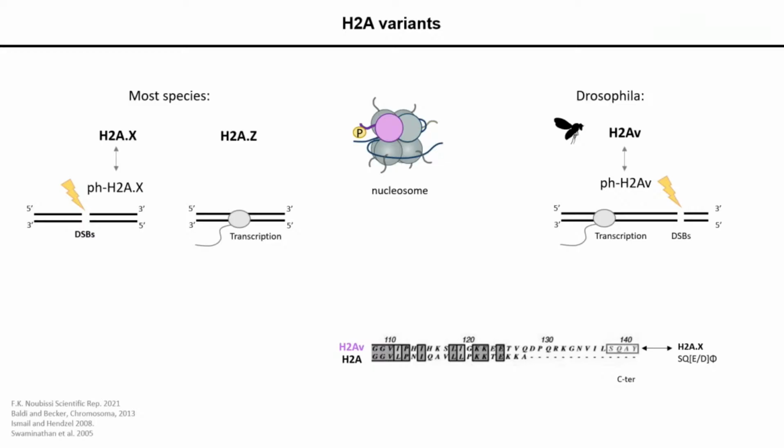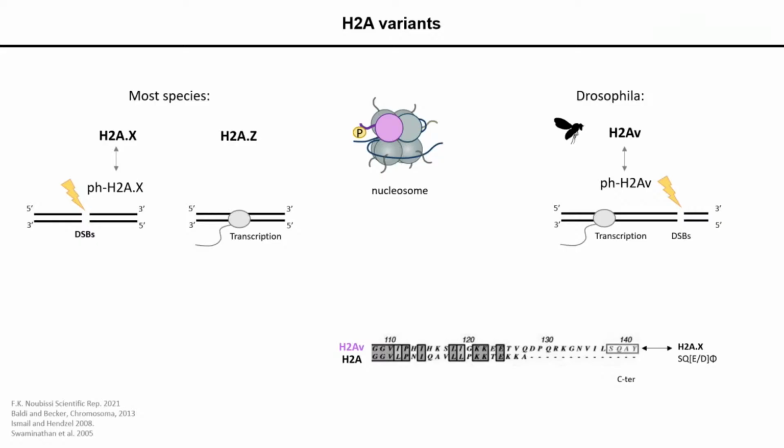So in most species, we have two important histone H2A variants called H2AX and H2AZ. H2AX gets phosphorylated in response to DNA damage, and it's important for DNA repair, whereas H2AZ is more related to transcription activity.